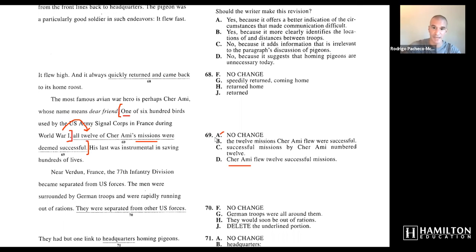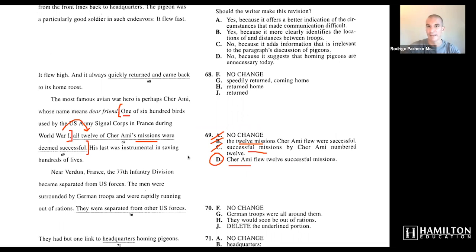Again, that is Cher Ami. B, the subject here would be 12 missions. That is not the correct subject. C, we have successful missions. This is our subject. D is our correct answer because it's the only one that gives us the appropriate subject for our modifying phrase.